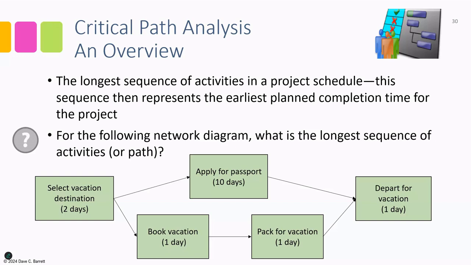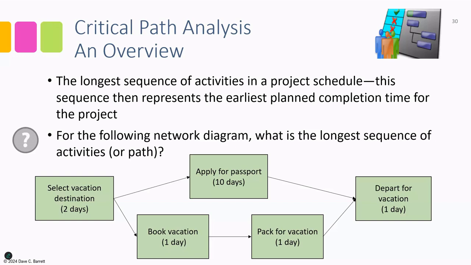So the definition: longest sequence of activities. Now, this is longest in terms of total duration, not the number of activities. So the total duration of the top path is 2 plus 10 plus 1, which is 13 days. The total duration of the bottom path is 2 plus 1 plus 1, which is 5.